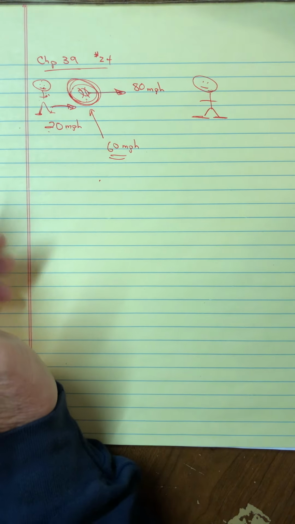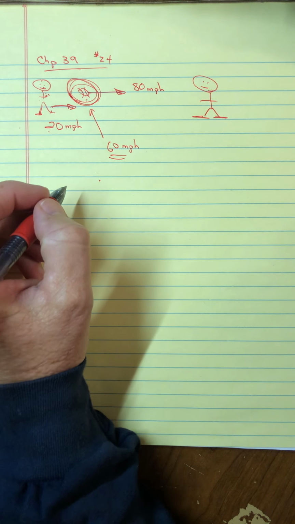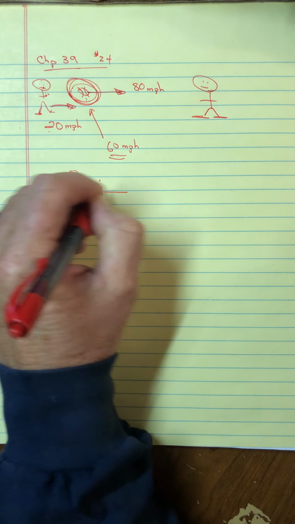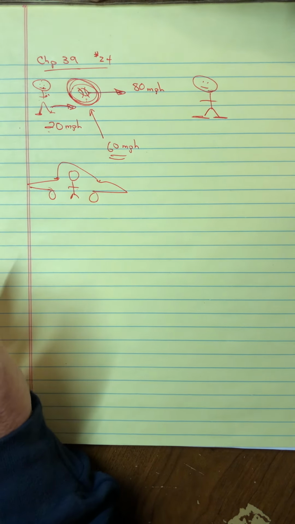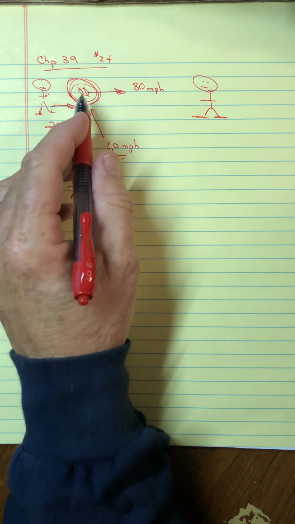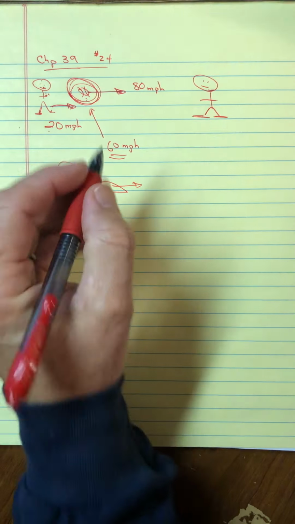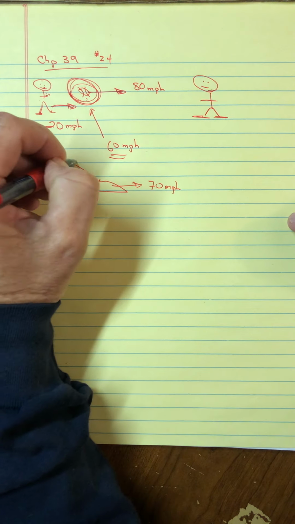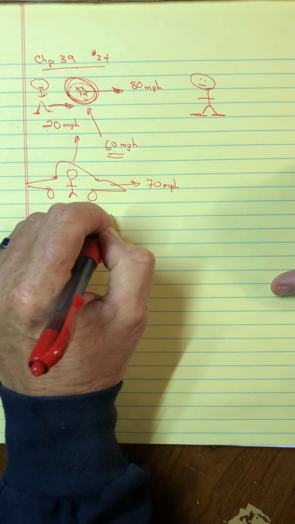Because if there was somebody on the side here driving in a car, and you ask, okay, what speed is this baseball as seen by the person in the car? And let's say the car is moving along at 70 miles per hour. Again, the gap is opening up, and this baseball would be 10 miles in front of the car after an hour, so it's only 10 miles per hour.